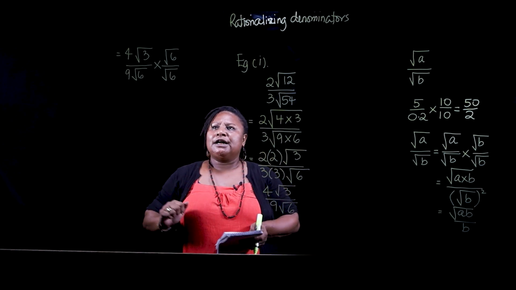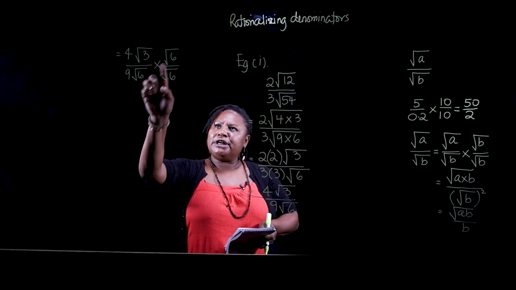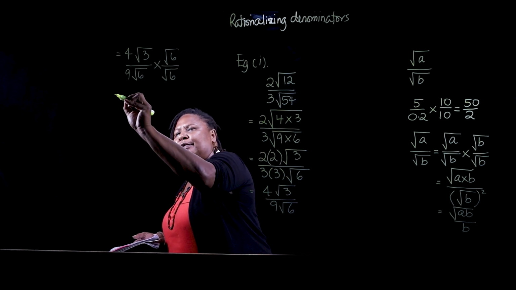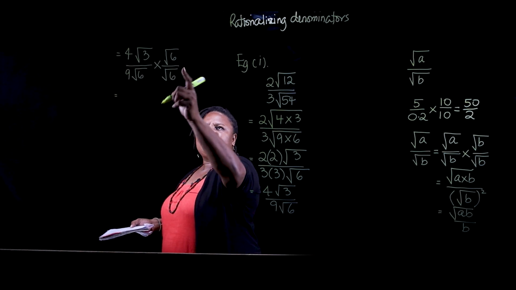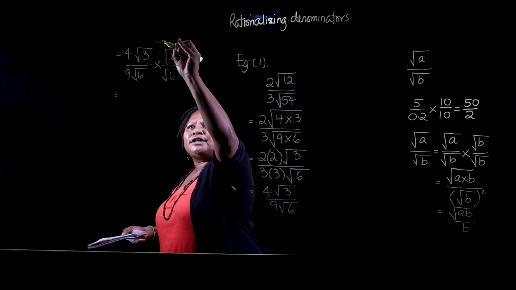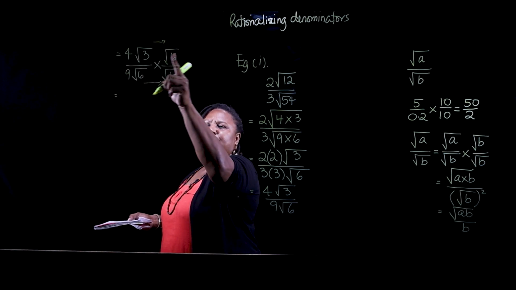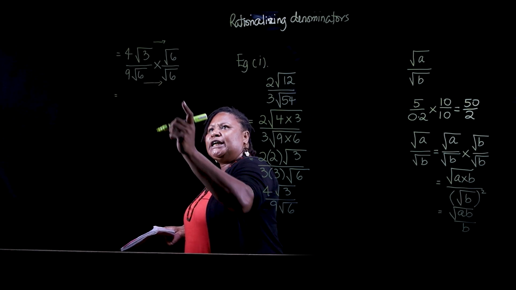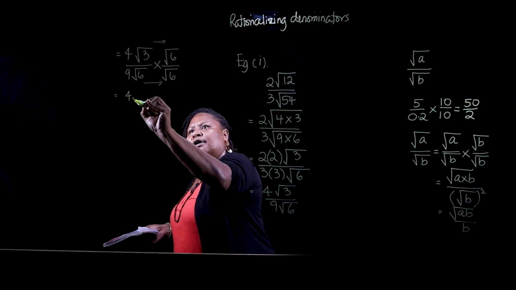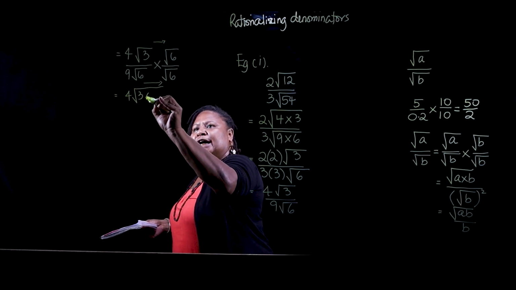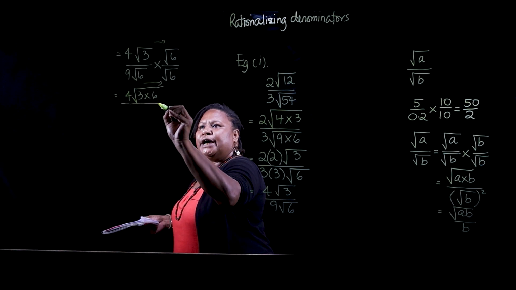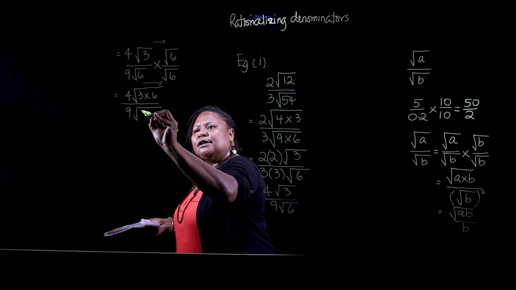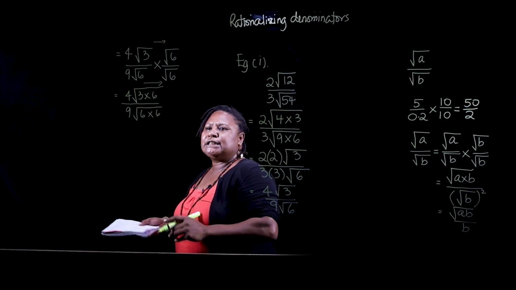We multiply the radical in the denominator by itself, so that should give us a rational number. We multiply across because we are working with fractions. The numerator will be multiplied by the numerator and the denominator by the denominator. So we have 4 root 3 times 6, divided by 9 root 6 times 6.